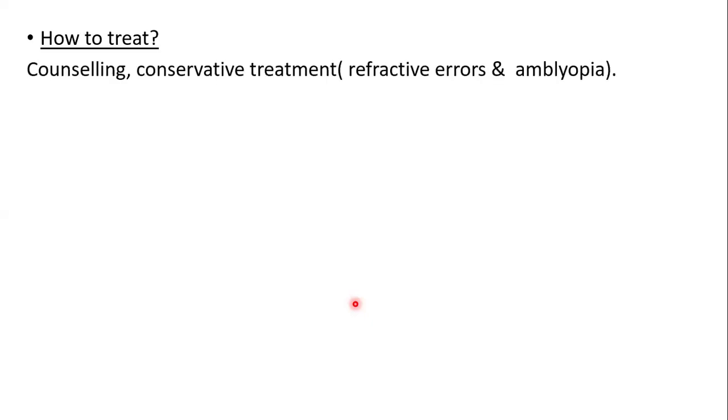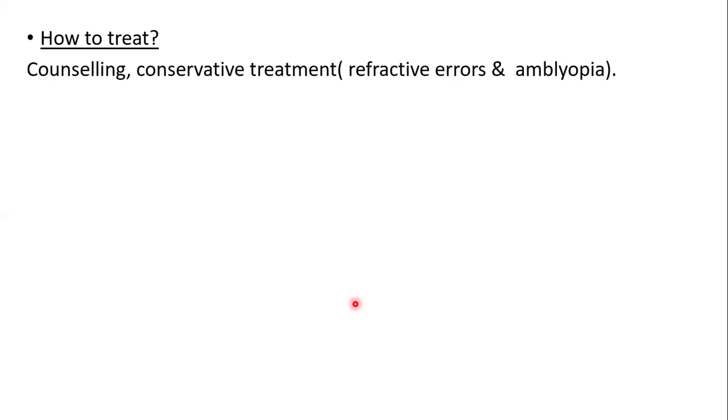Firstly, correct the refractive error. Secondly, treat amblyopia. Thirdly, treat the pathology, whether it is ptosis, whether it is strabismus, or any other pathology. Always remember refractive errors. Always remember amblyopia.